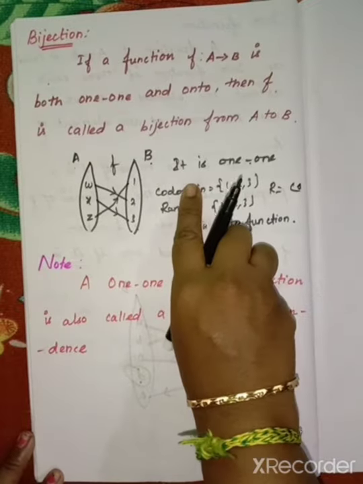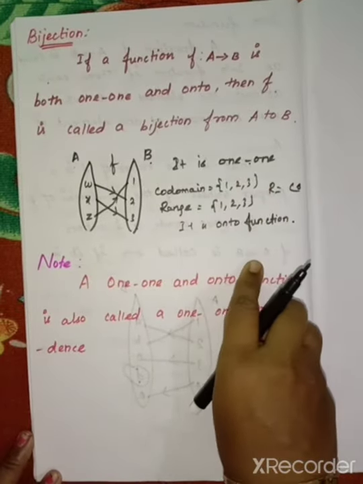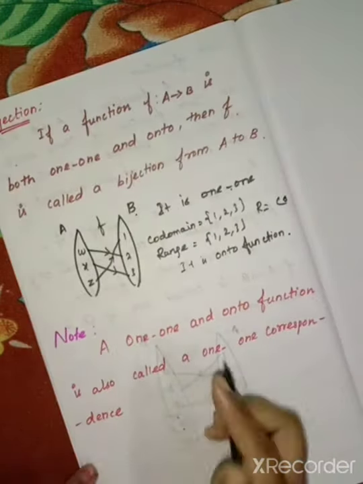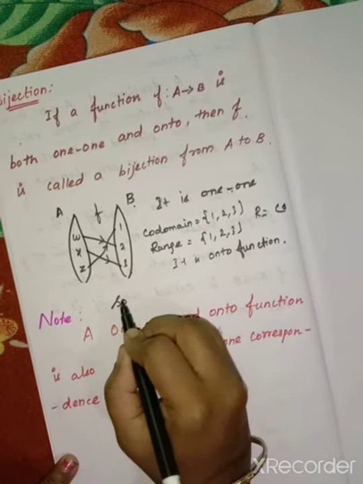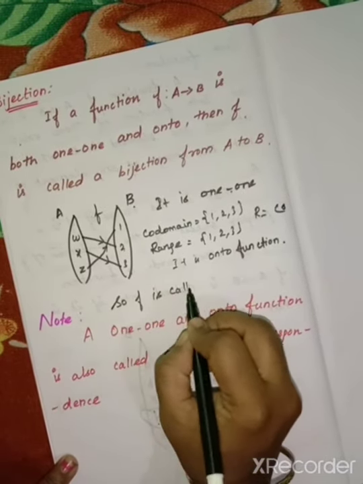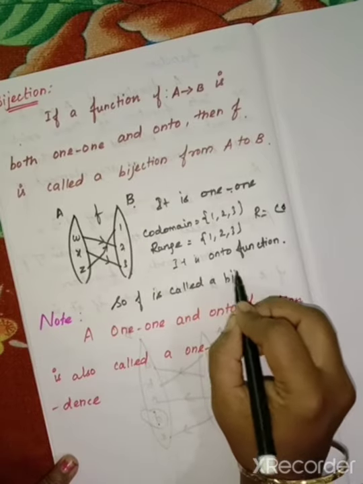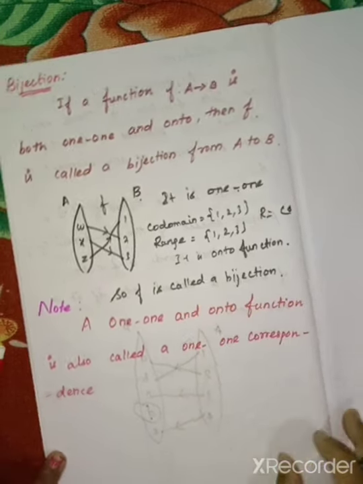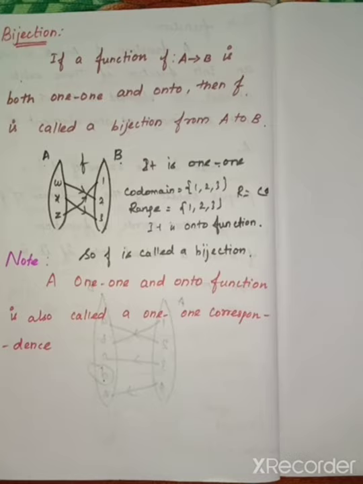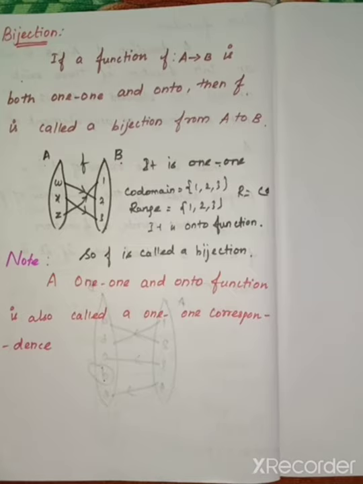So it satisfies the 1 to 1 function and also the onto function. So at last you can write, f is called a bijection, or otherwise you can write, it is a bijection. Here one note: a 1 to 1 and onto function is also called a 1 to 1 correspondence.